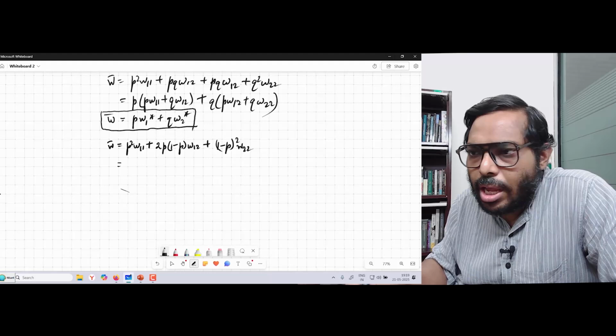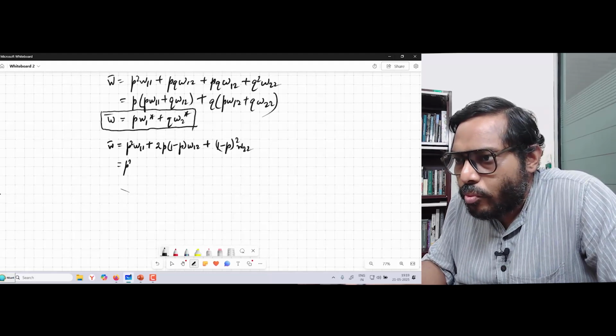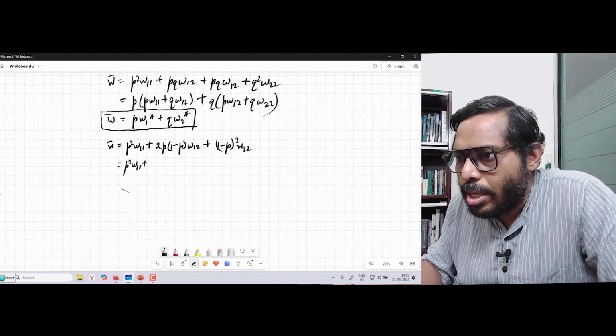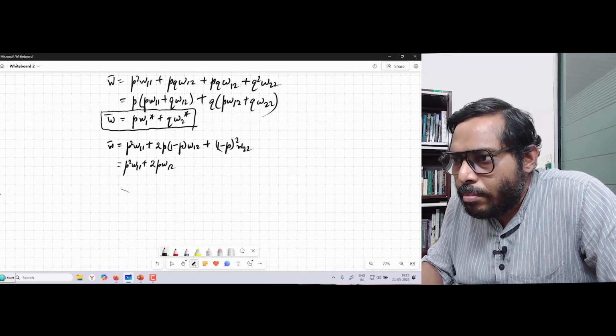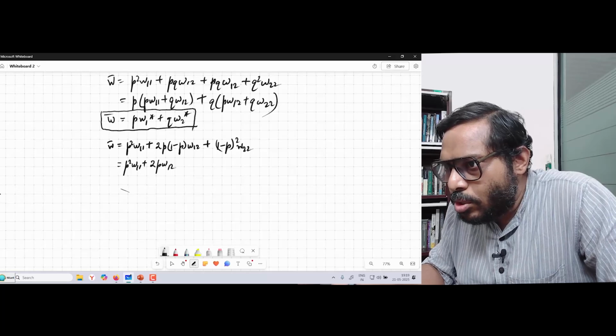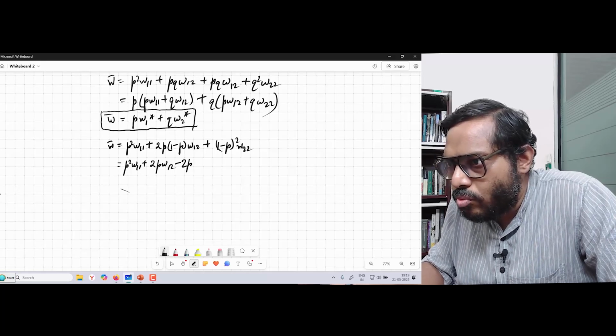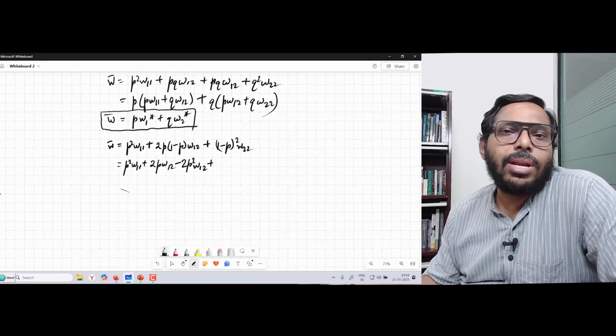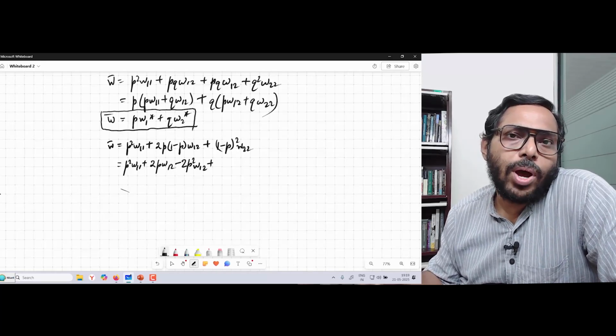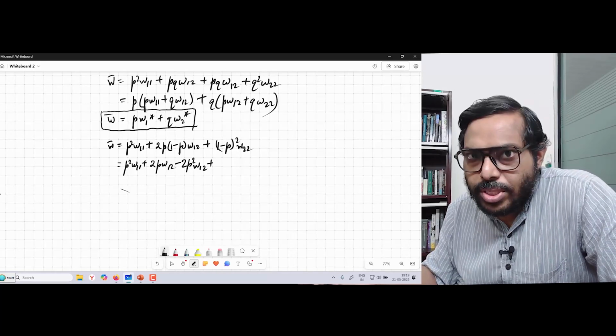I will expand it: P square W11 plus 2PW12 minus 2P square W12 plus, so 1 minus P whole square is 1 minus 2P plus P square.